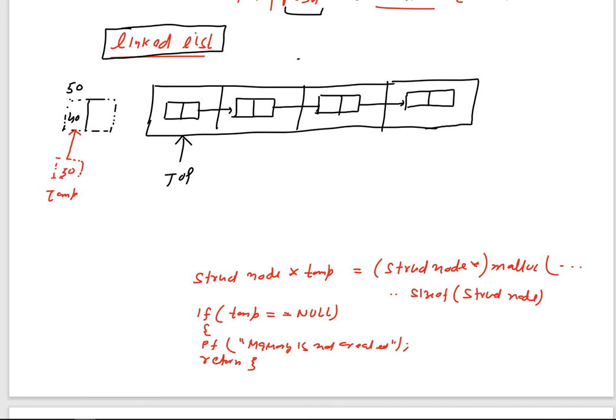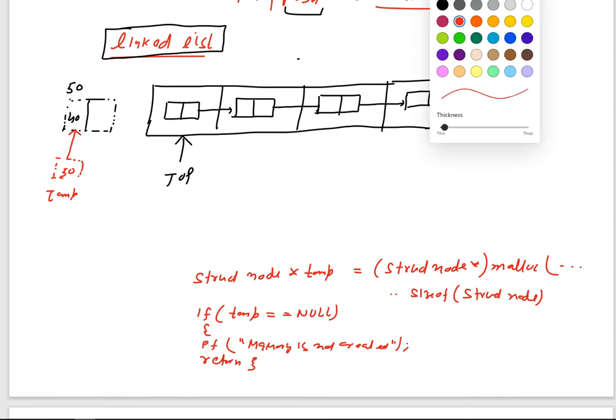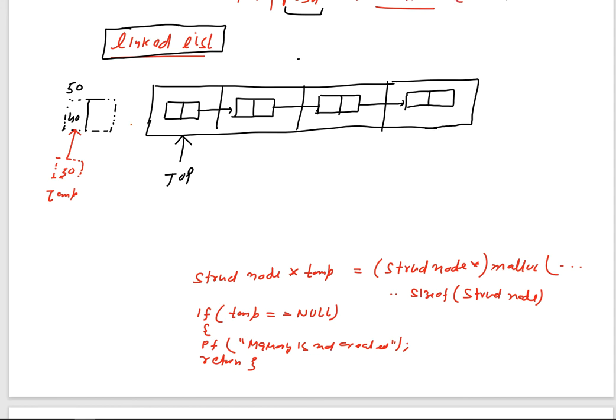Else, if this structure has been created, then what we have to do is we just need this particular link to be here, and this particular top position to move from here to this particular node here. So this shifting we have to do. So how can I do that shifting?